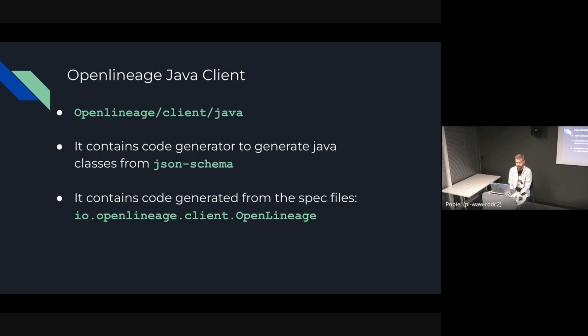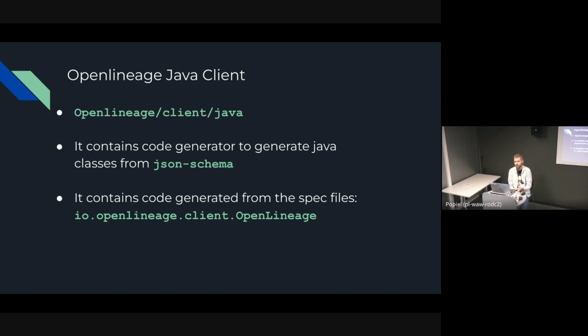The first thing it contains is a code generator to generate Java classes from JSON schema. It was initially created by Julian because at that time there were no good tools to generate Java code out of JSON schema. I don't know if there are such now. 2 years ago there were none.